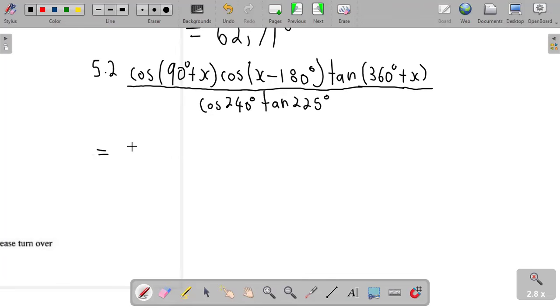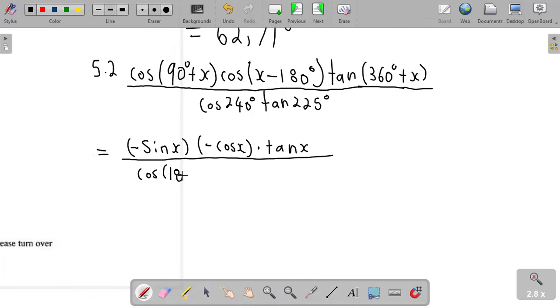So it's going to be negative sin x, and then cos(x − 180°) is going to give us negative cos x, and tan(360° + x) is going to give us tan x.